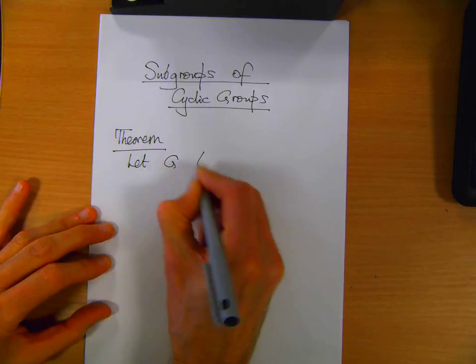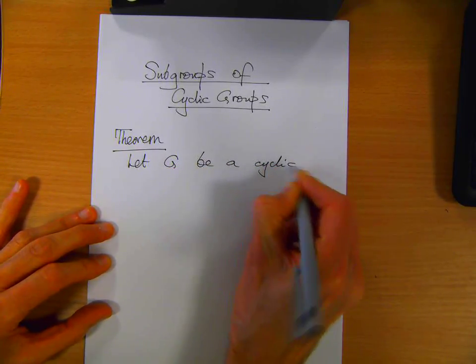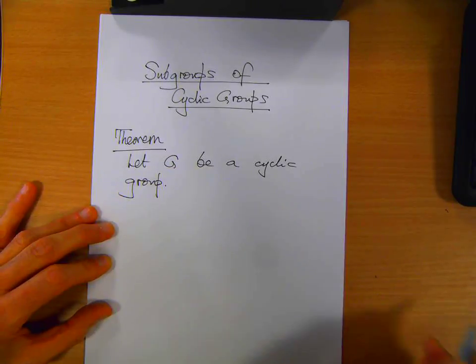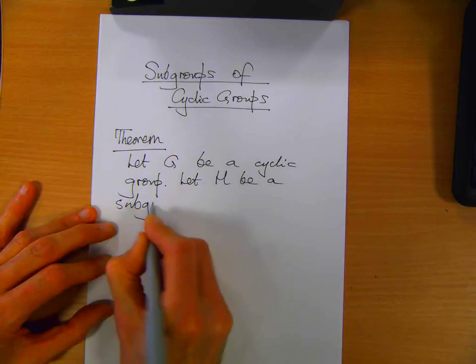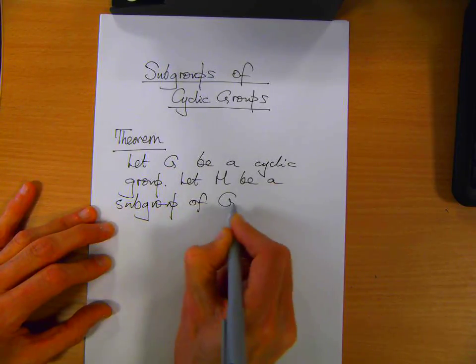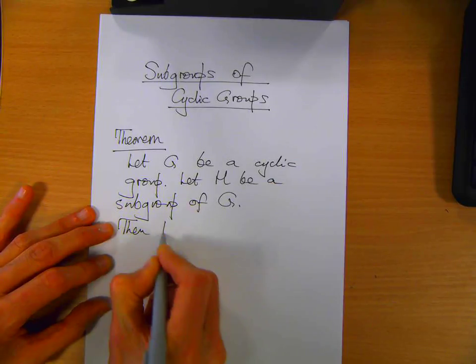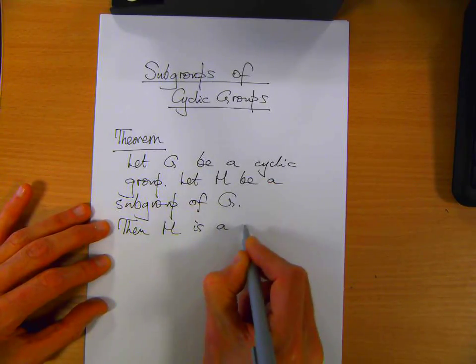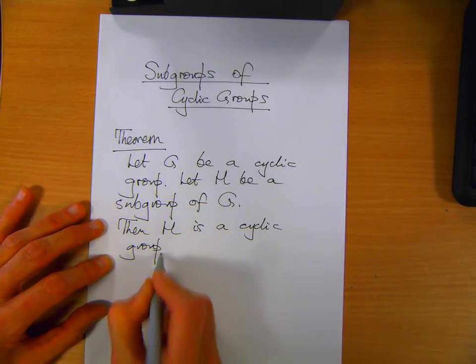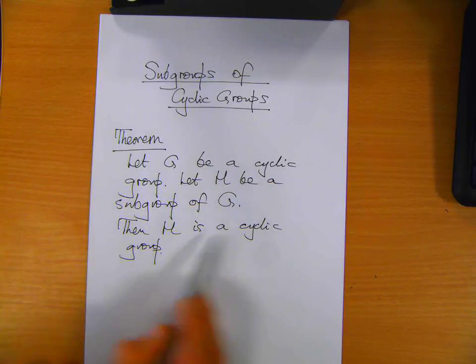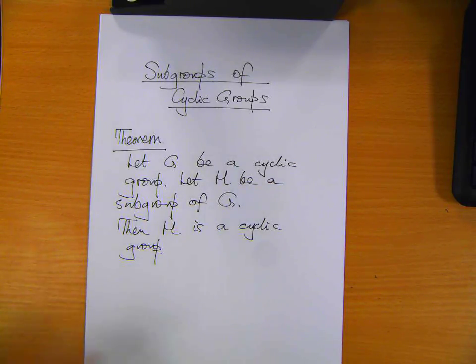Let G be a cyclic group, and let H be a subgroup of G. Then H is a cyclic group. If you wanted to put the word also in for emphasis, you could. So subgroups of cyclic groups are cyclic, so that's quite a nice result. And we actually proved that last time.